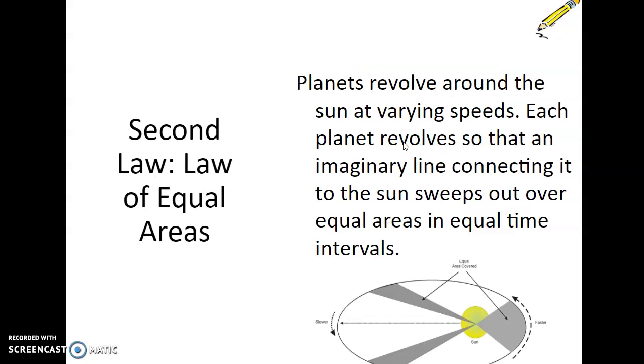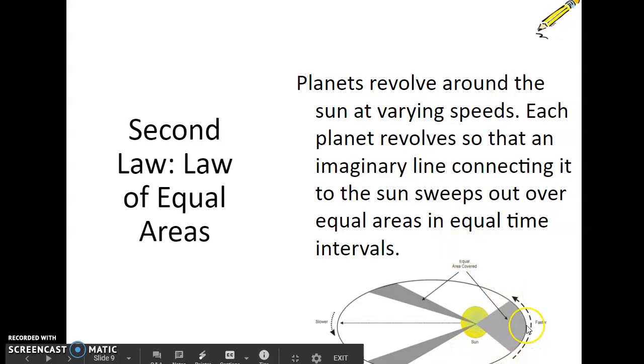Okay? Now we're going to talk about Kepler's second law, the law of equal areas. This law states that planets revolve around the sun at varying speeds. Each planet revolves so that an imaginary line connecting it to the sun sweeps out equal areas in equal time intervals.